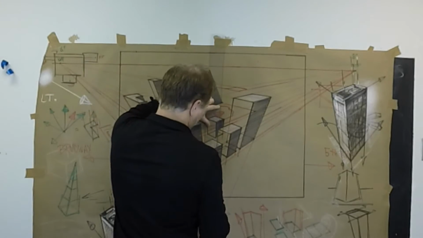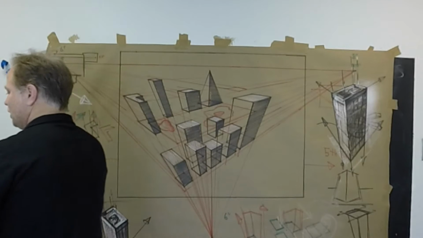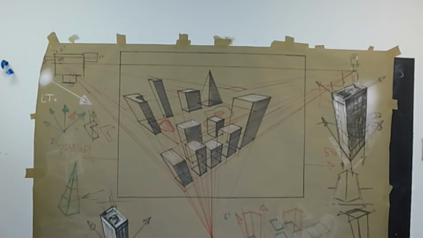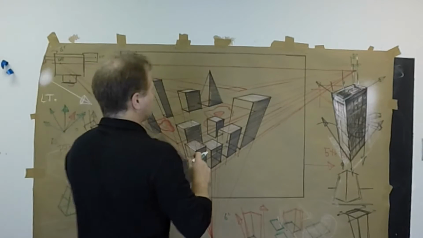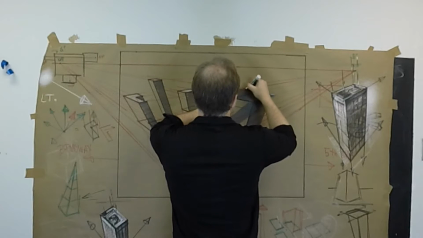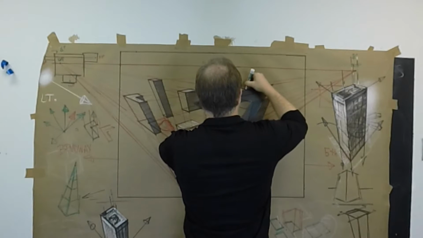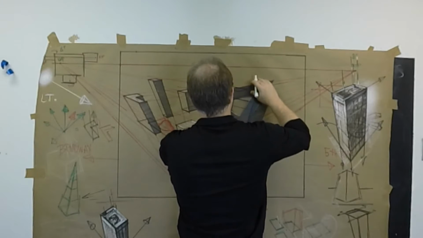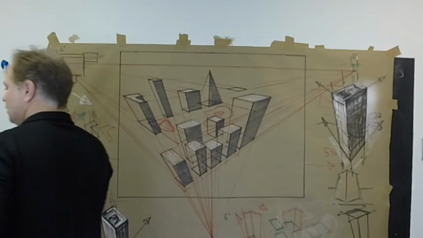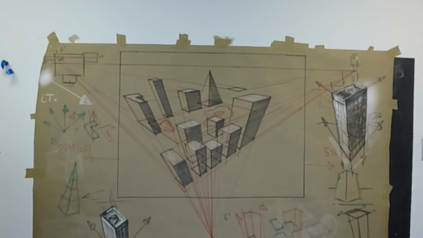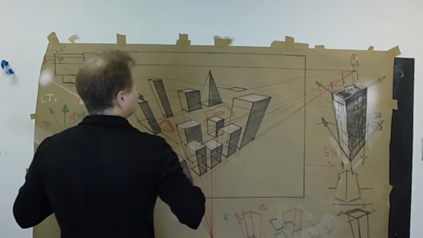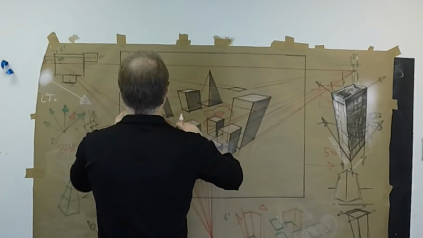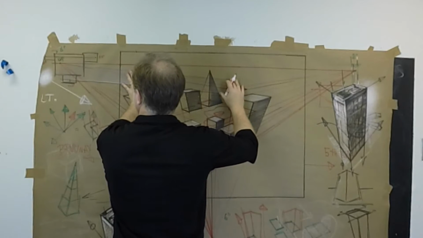So now I'll come up, and let me outline that in green so you'll see that better. So we have this bottom box here. And I think again I'll set down a few more buildings on the ground plane so you can see everything. So we've got that one, and I think I'll put one more out here a little bit.